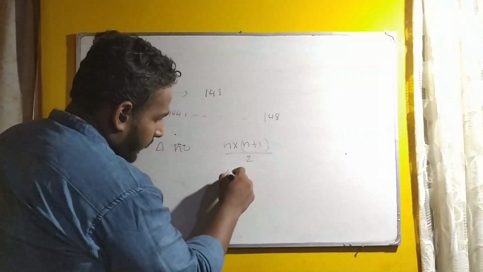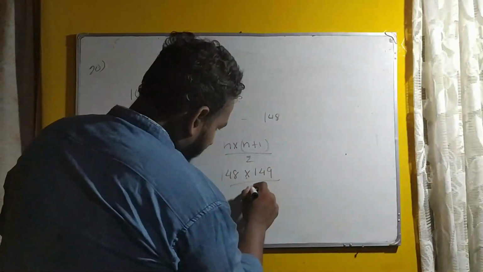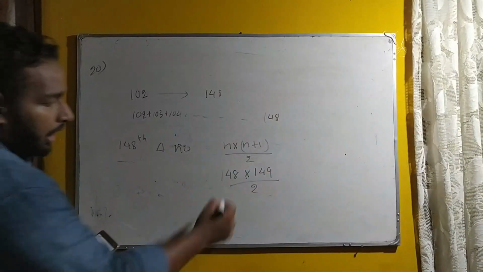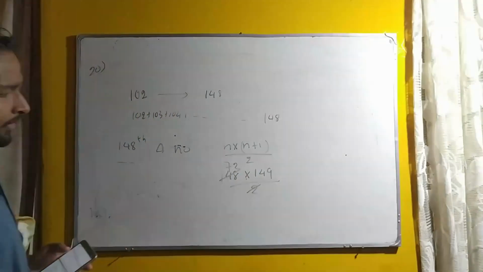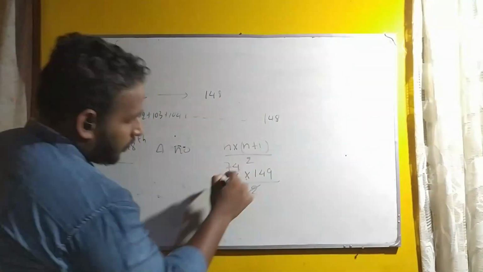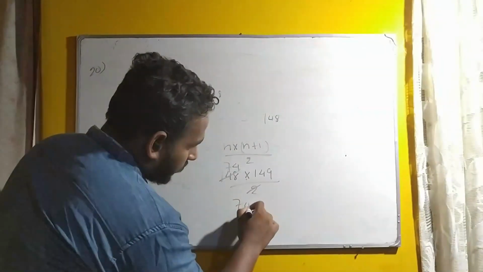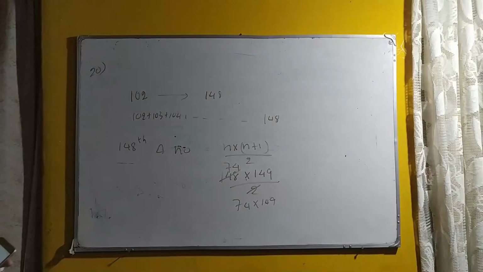Then how can you find 148 into 149 divided by 2? 148 divided by 2 is 74. So 74 into 149. This one you should multiply and get the answer.